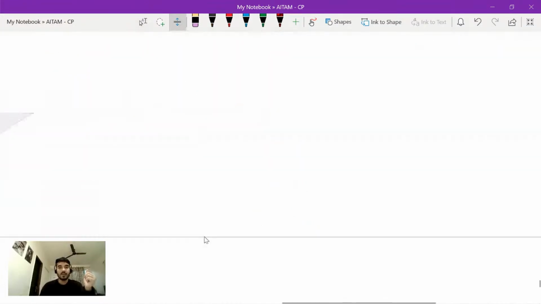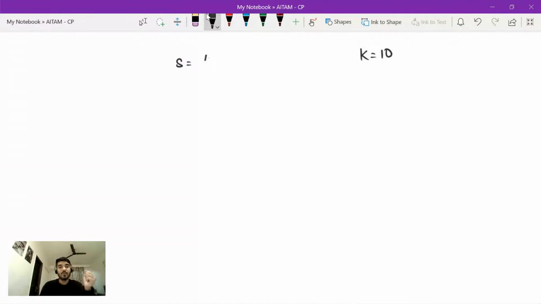So let's say the value of K is equal to 10, and the string that we have is B, Z, C, then instead of C let's say D, F, and then K. Cool. So the very first thing, I will convert this Z to B.